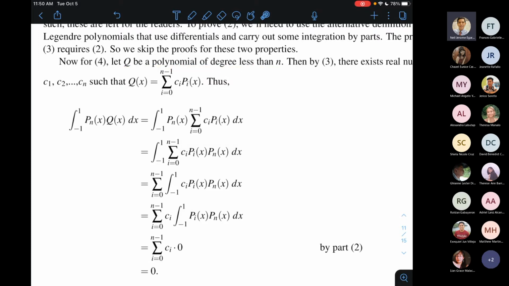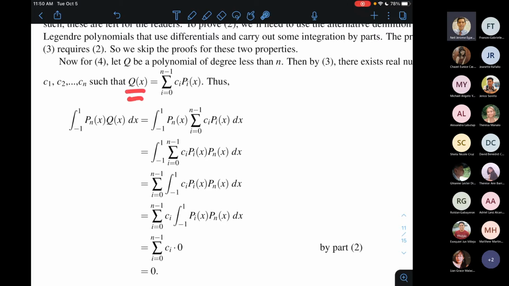Sabi natin sa property 3, the set of all Legendre polynomials spans the set of polynomials of degree k or less. So kung si q ay degree less than n, kaya ko siyang isulat as a linear combination of Legendre polynomials of degree 0 until degree n minus 1.